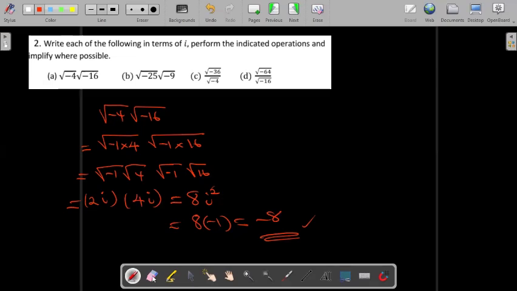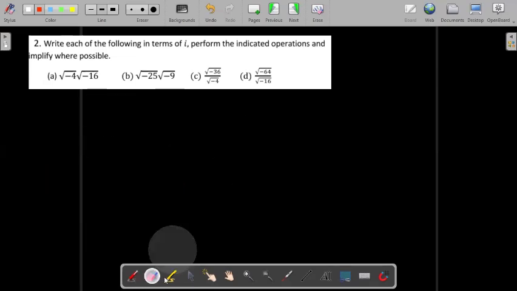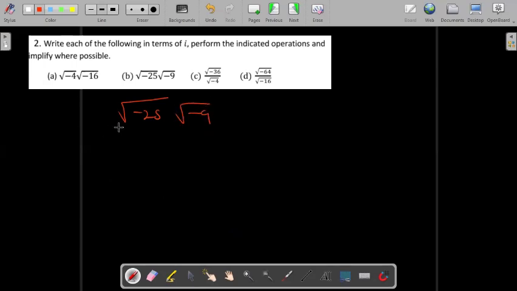Okay, we do the next one. Remember, if you have any question, feel free to ask. Root of -25 times root of -9. So simplify it in the same manner. You say -1 here, then you have 25.